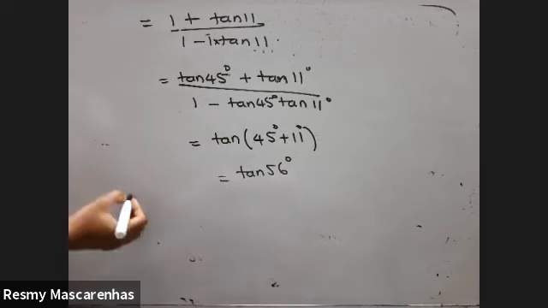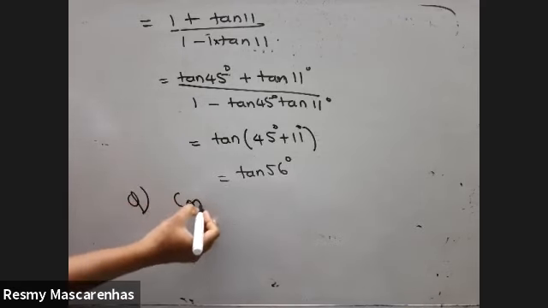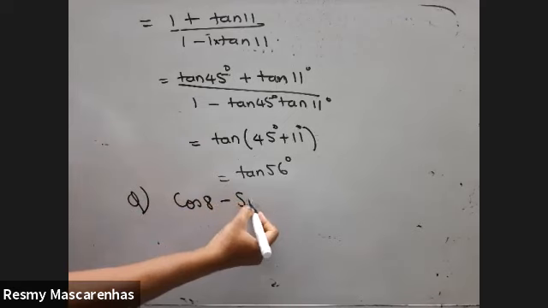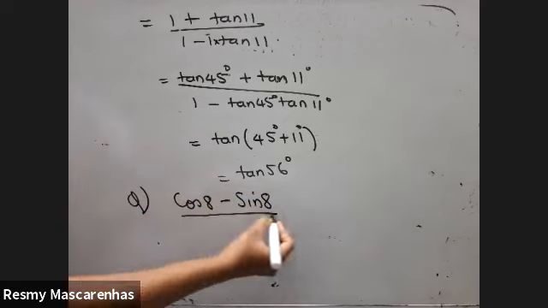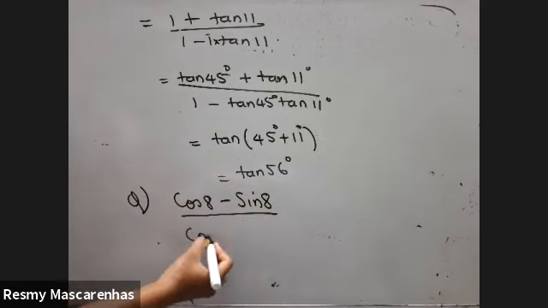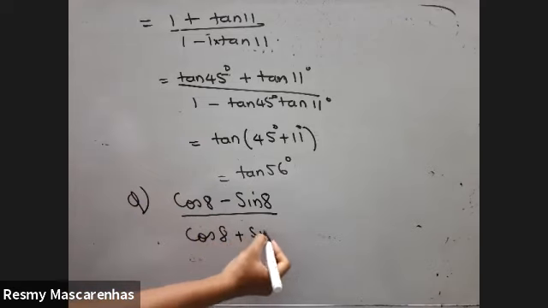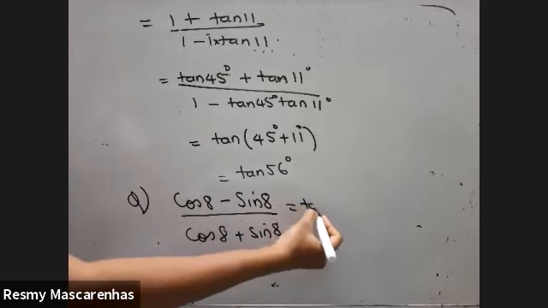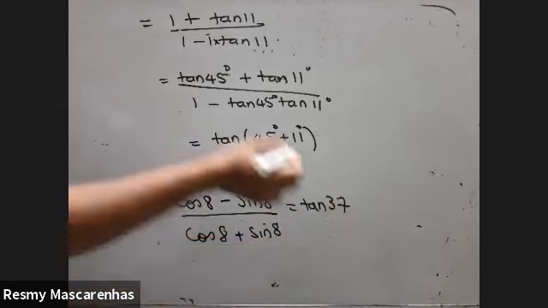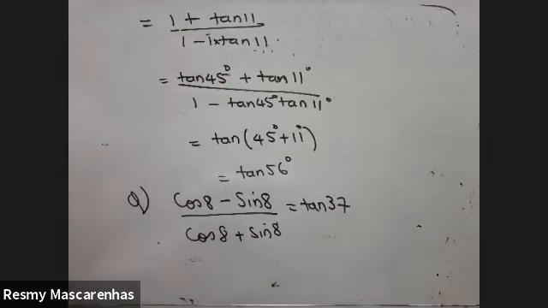Then we have understood this, you can try this. Cos theta, you have to prove this. So divide numerator and denominator by cos theta.